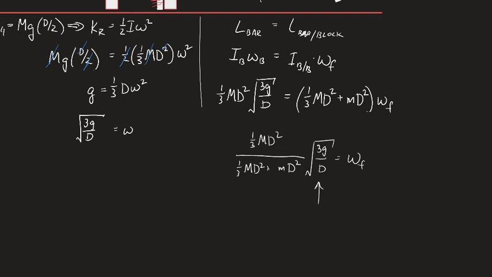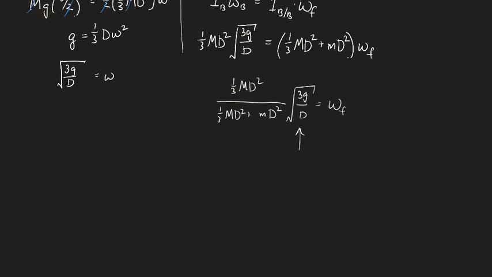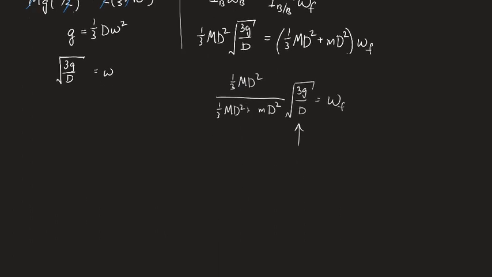I see a way of simplifying this. Do you see a way of simplifying this? Get rid of all the d's? Think so? So that's what I'm going to do next. I'm going to get rid of all the d's. And that gives me 1/3 m over 1/3 m plus m, all times this square root of 3g over d.